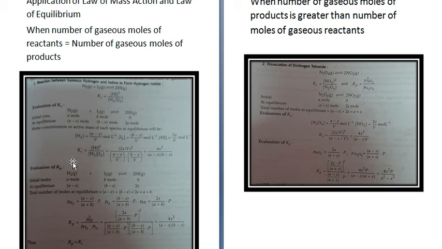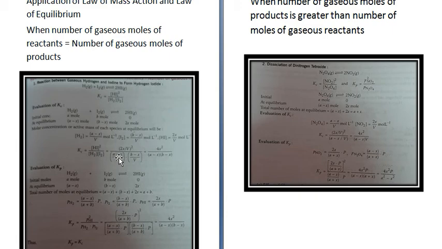Now molar concentration or active mass is that mass which is taking part in reaction. At equilibrium, for H2 it will be a minus x upon V moles per liter. For I2 it will be b minus x upon V moles per liter, and for HI it will be 2x upon V moles per liter.